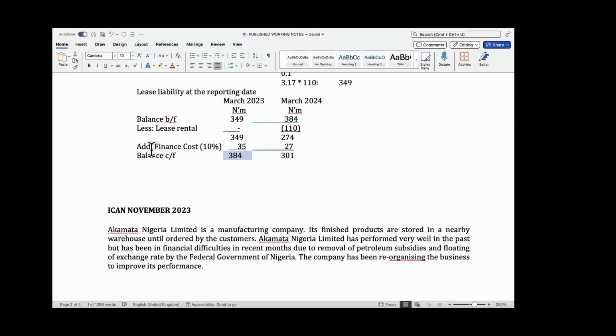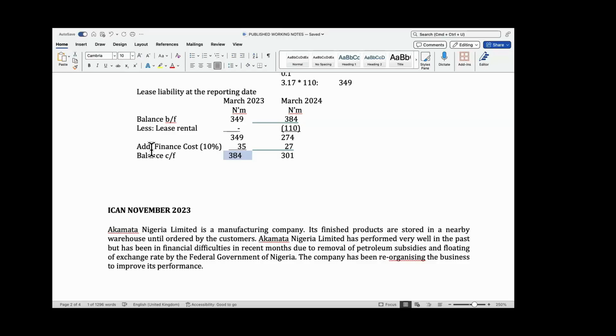How much now? 83. So that 83 is what? Is it current or non-current? 83 is the current. What is now the non-current?